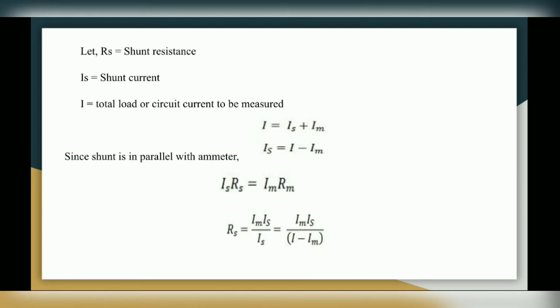Since the shunt is in parallel with the ammeter, Is Rs = Im Rm. This shunt resistance is connected in parallel with the ammeter.